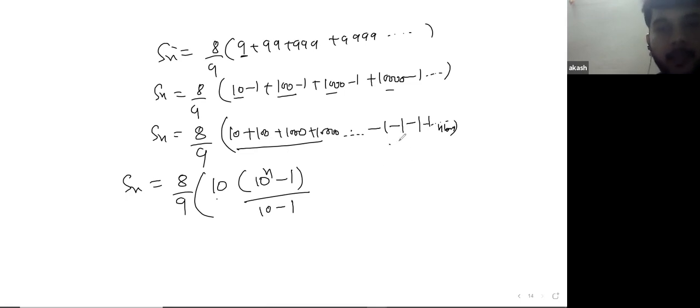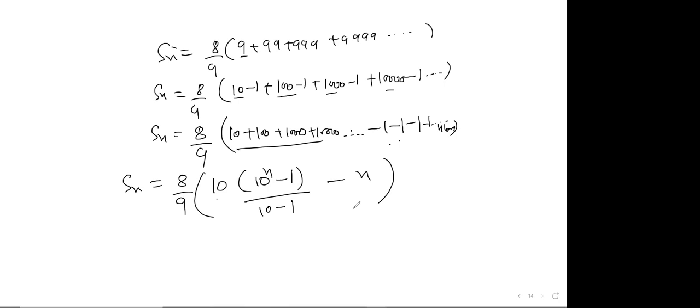And we have here minus 1, minus 1, minus 1, minus 1, n times. So I can write this as minus n. Are we clear till this step? Okay.